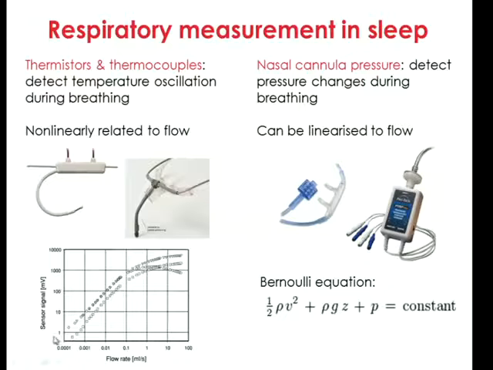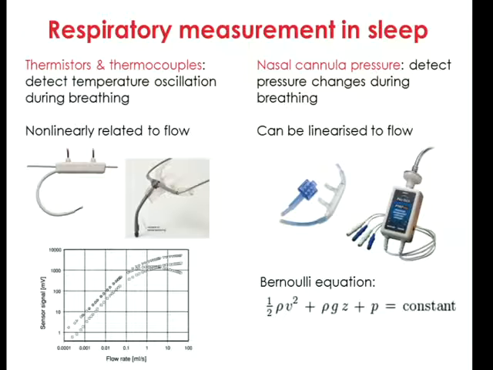So here's the relationship between flow and the signal that you get from the thermistor. As you can see, you have a plateau here, and I'll show you what the implication of that is later. But a more recent measure of airflow is the nasal cannula pressure, which is basically just a pressure transducer.